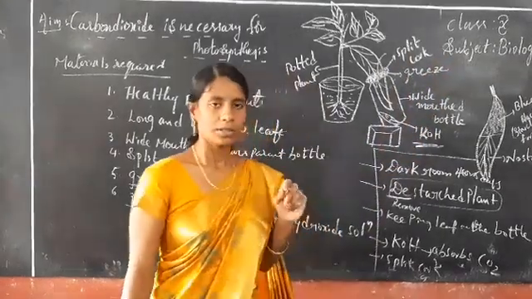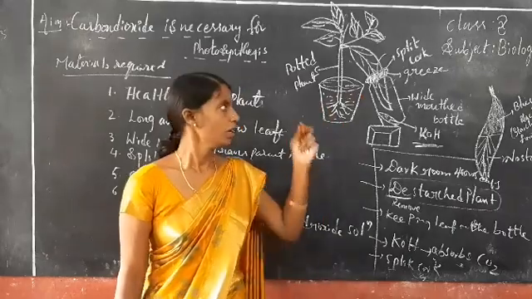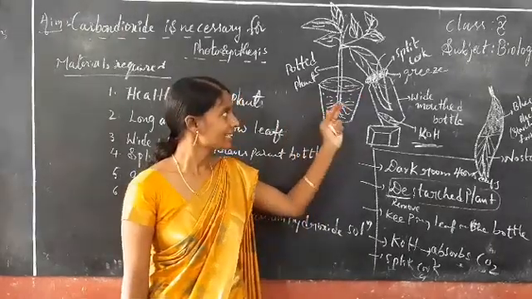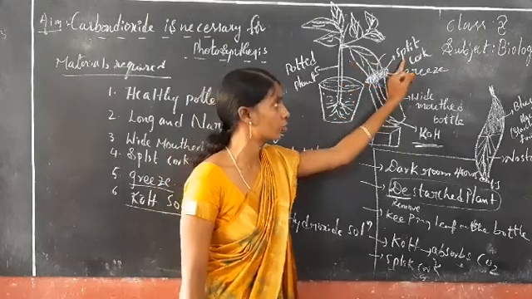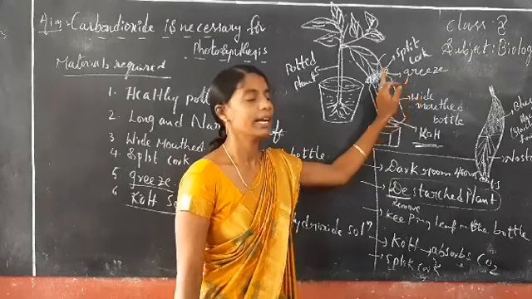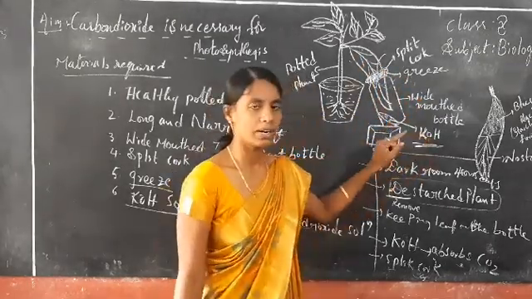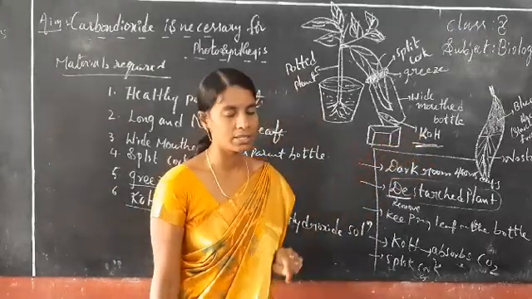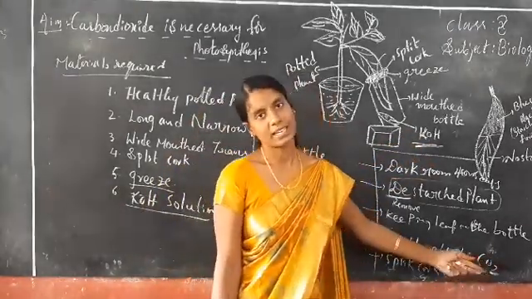Okay. So this is also a main thing we have observed in this picture. We insert the leaf through the split cork, and apply some grease also, and inside the bottle which solution is present here? KOH solution. The main duty of the KOH is that it absorbs the CO2 inside the transparent bottle.